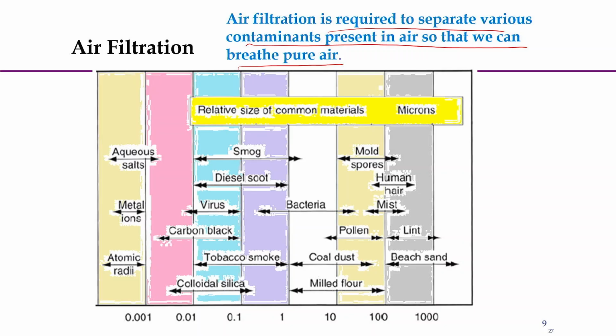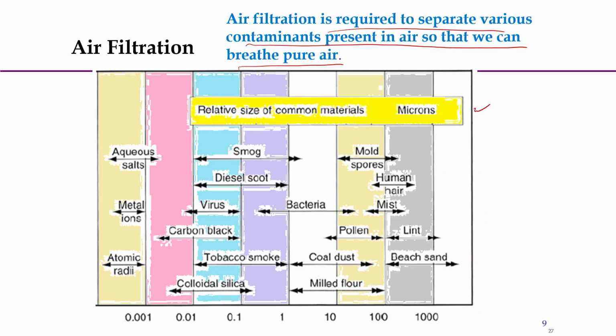If we have a clear idea about the contaminants and their dimensions, then we can create our nonwoven accordingly. So, if you see here, these dimensions are in microns.